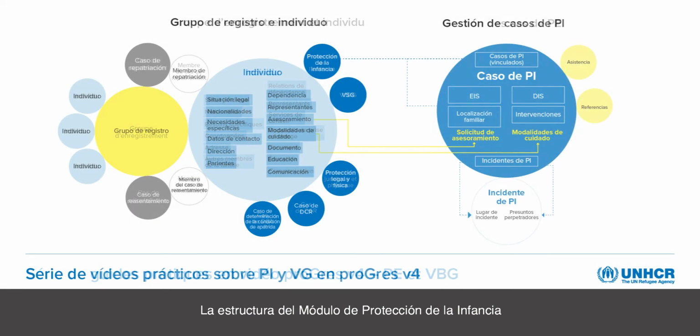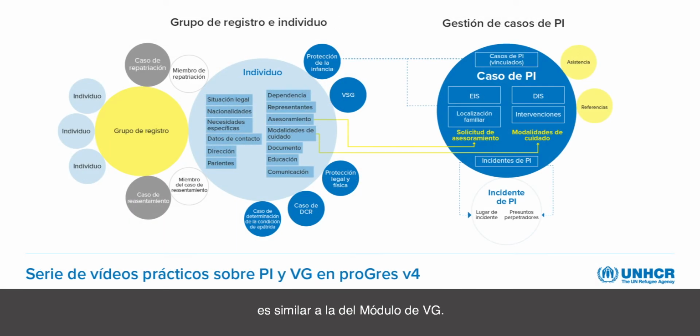The structure of the child protection module is similar to that of the SGBV module. On the left, you will see that it's the same connection to the individual, that it also sits alongside the individual so that each individual can have a child protection case if they meet the criteria, as well as the needs.